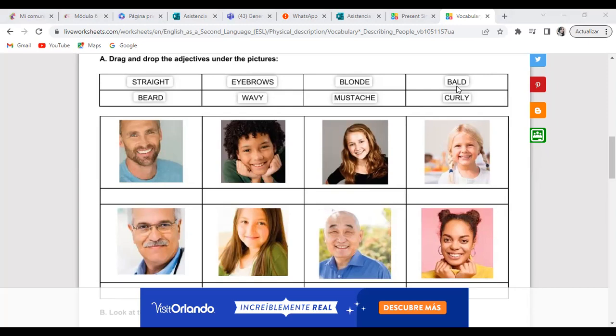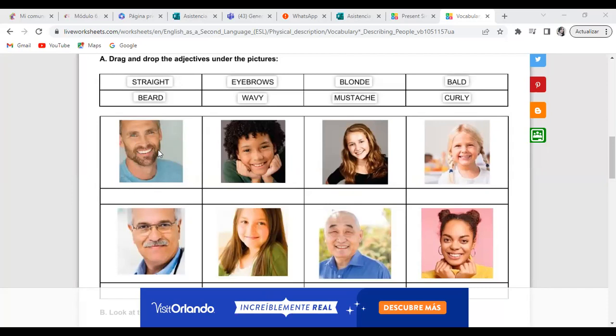Beard. No decimos bear, decimos beard, que es barba. Wavy, ondulado, es un adjetivo. Mustache es un sustantivo que significa bigote. And curly es un adjetivo.